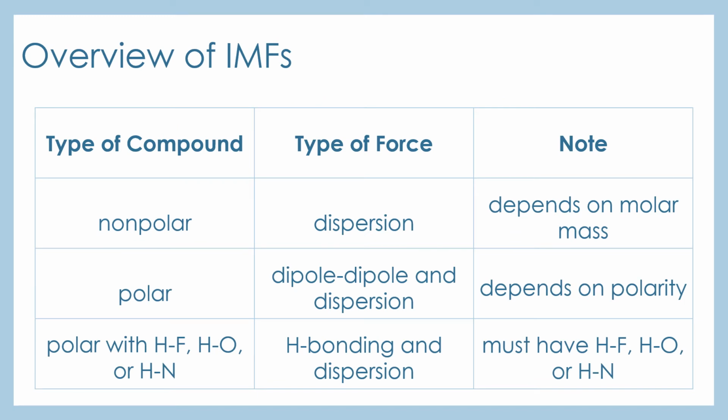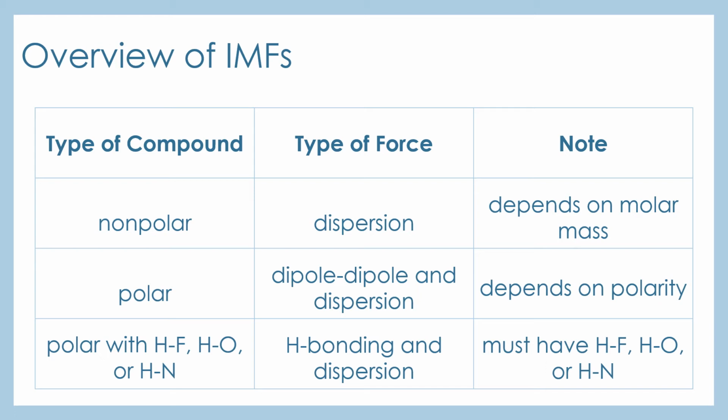So let's look at an overview of these intermolecular forces. If you have a nonpolar compound, the only type of force that they are going to experience are dispersion forces, and the strength of the dispersion forces is going to depend on the mass of the molecule and also the shape. Polar molecules have many more IMFs. You can have dipole-dipole interactions, and you're going to have dispersion. All molecules have dispersion forces.